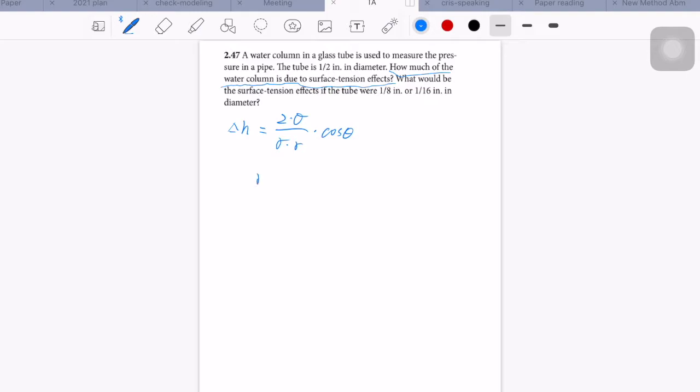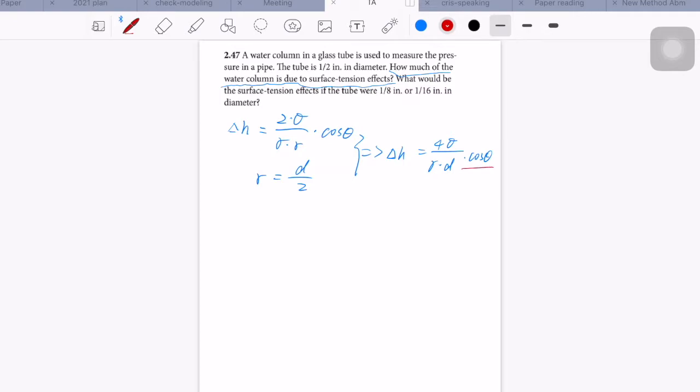The radius equals diameter over 2, so delta H equals 4 times sigma over gamma times d times cosine theta.